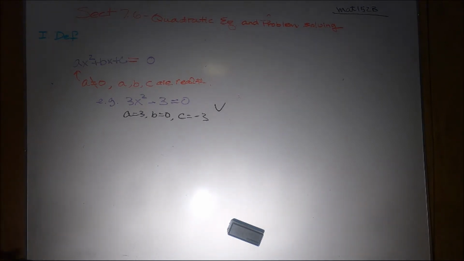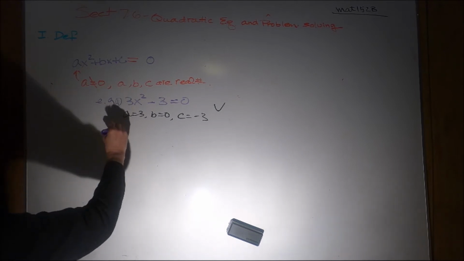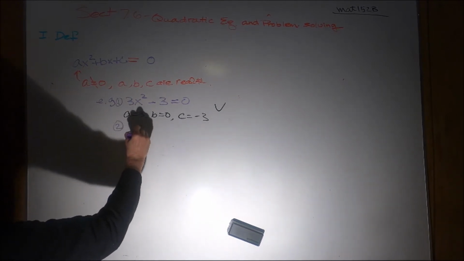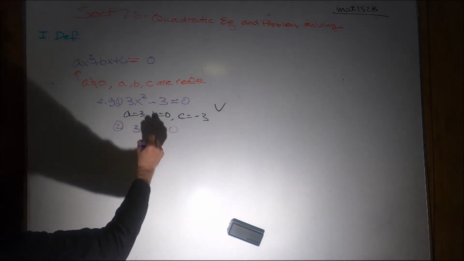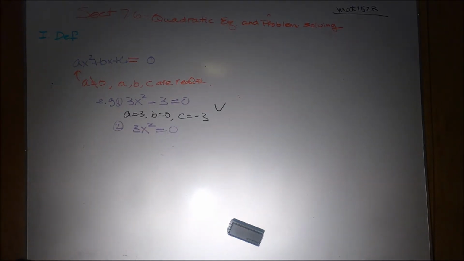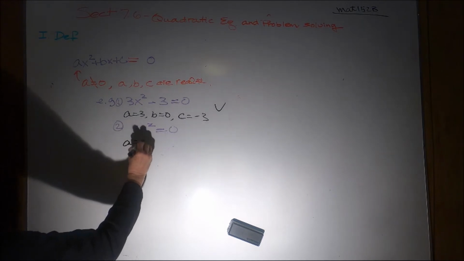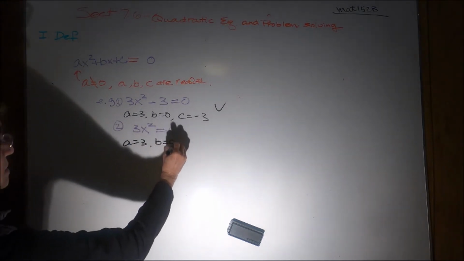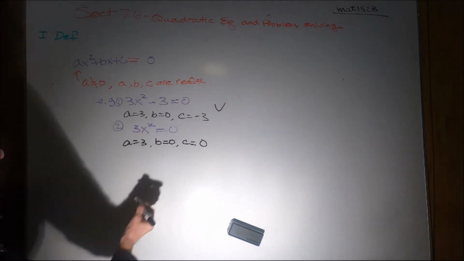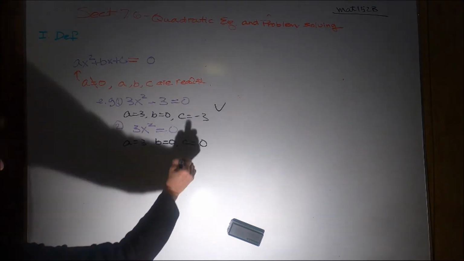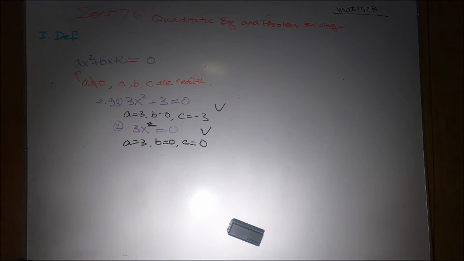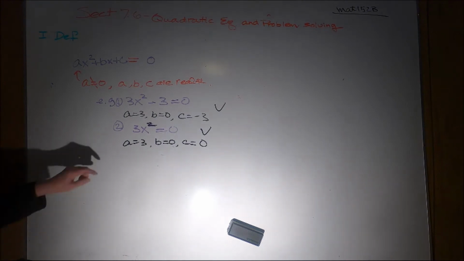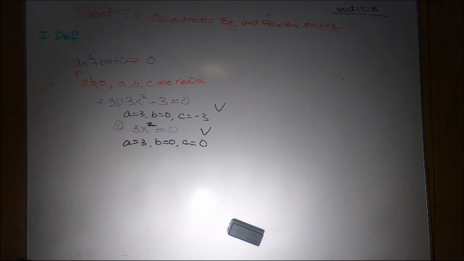Quadratic equation. If you have it this way, say 3x squared equals 0, is this a quadratic equation? What's your a? 3. What's your b? 0. What's your c? Still 0. Yes. As long as you have a square for x, it is a quadratic equation. So the coefficient a cannot be 0.